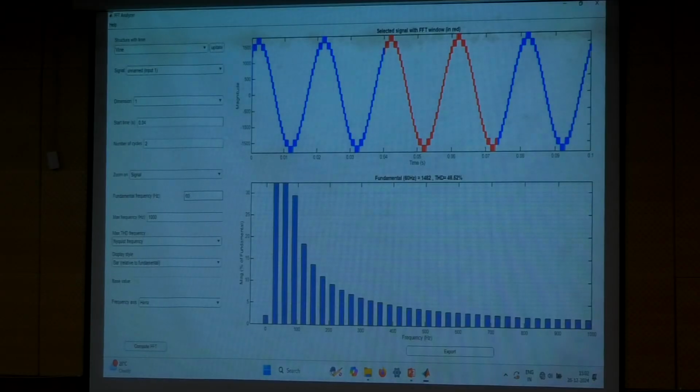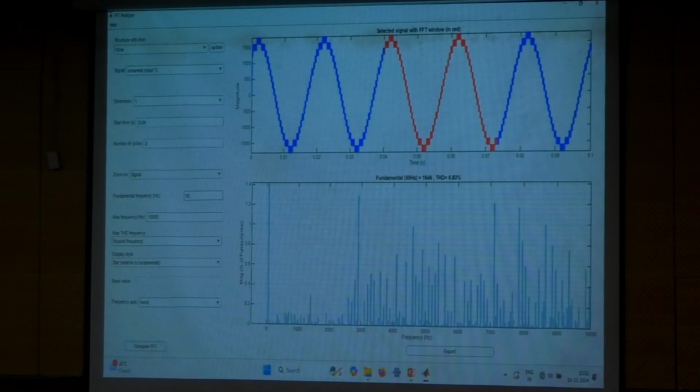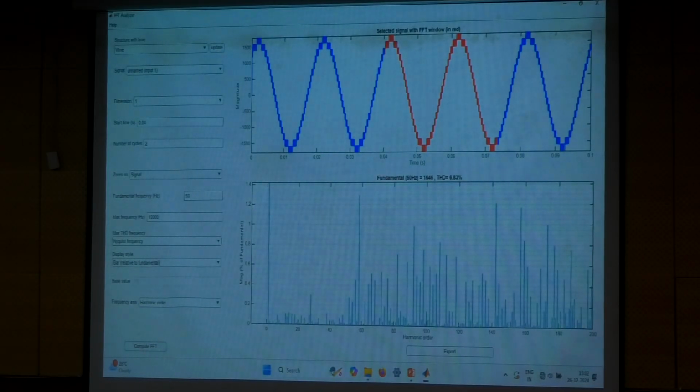Okay. So why is it like this? Okay. So the frequency is 50 Hz we considered, right? So 50 Hz is the frequency, and I will add one more zero here. Okay, I will change it to harmonic order. This is fine.